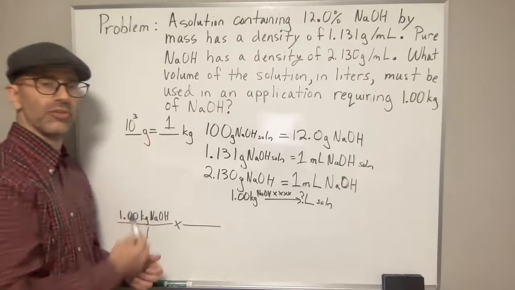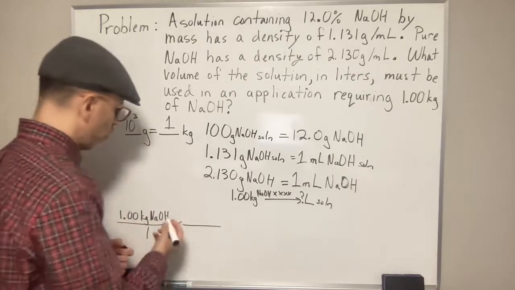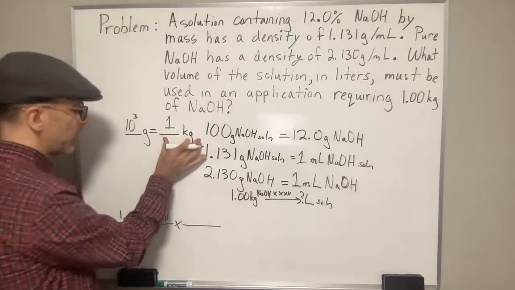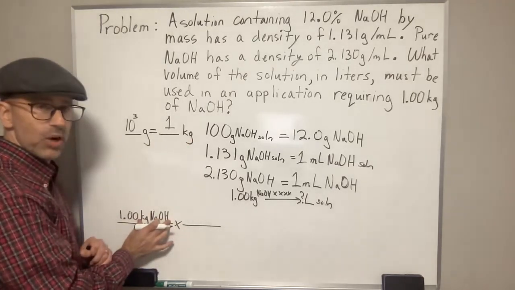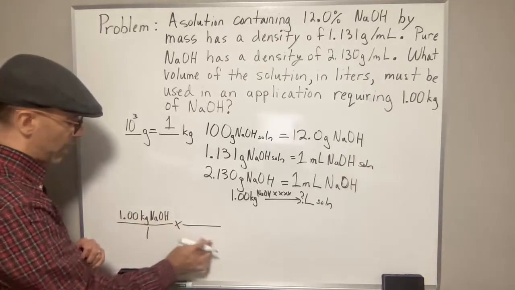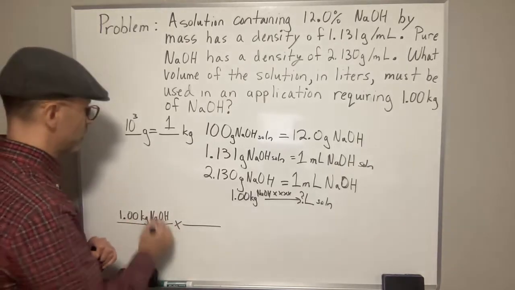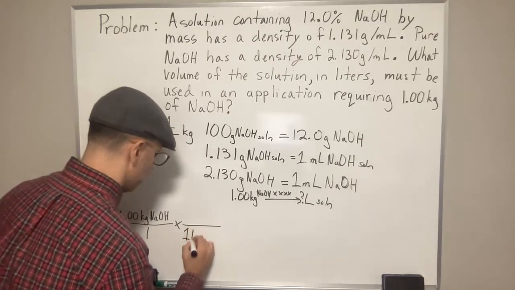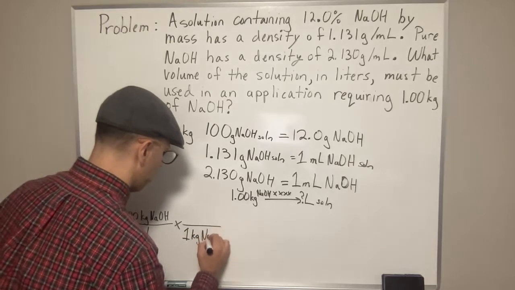So now I can use this as a conversion factor. So let's get this going. I have kilograms of NaOH on the top. I want to put it on the bottom to cancel out. I need to cancel out my units. So I'm going to put 1 kilogram of NaOH.